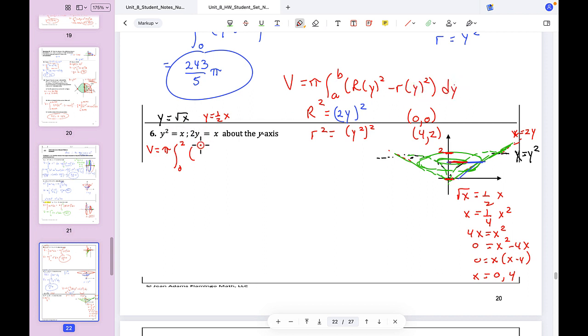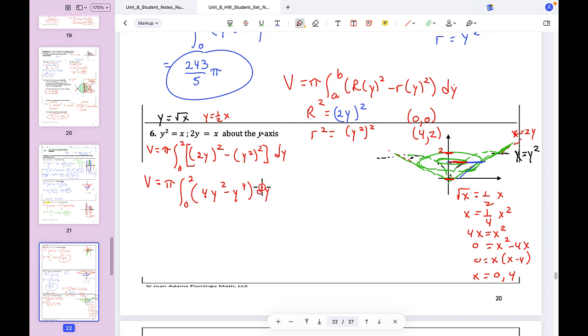So big R is 2y squared minus little r, which is y squared squared, dy. So our volume is pi times the integral from 0 to 2 of 4y squared minus y to the 4th dy.